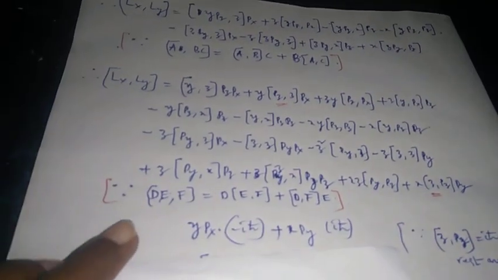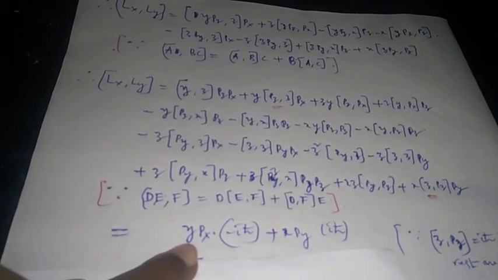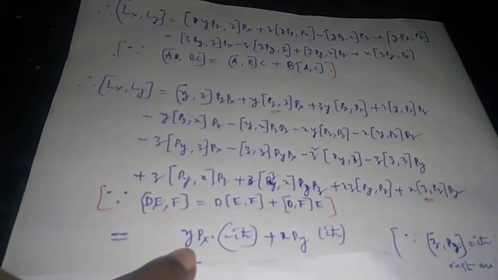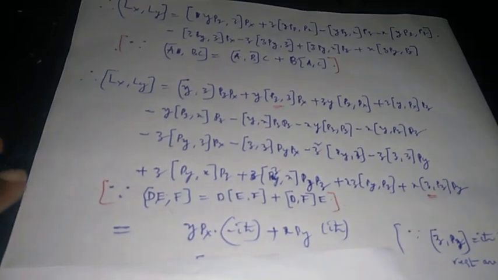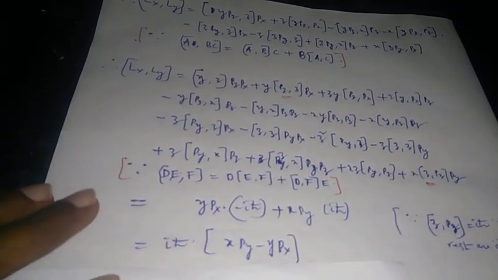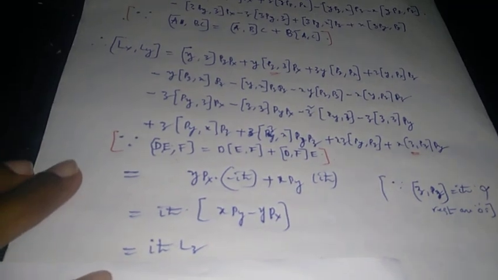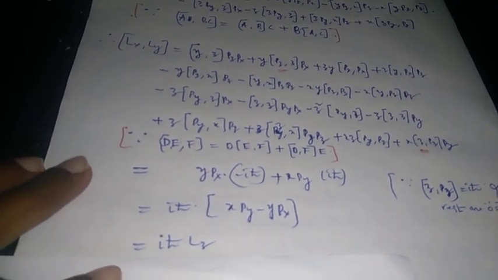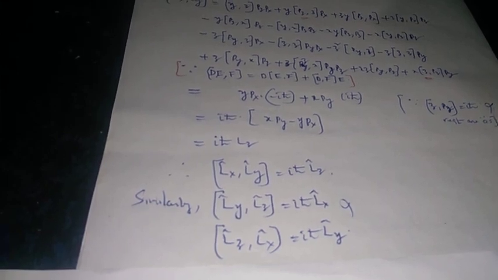So we get the summation of the 16 terms to this answer. And if you pull out the iħ factor outside, you will see that it is exactly equal to iħ Lz. So we can say that the commutator of Lx with Ly is iħ Lz.